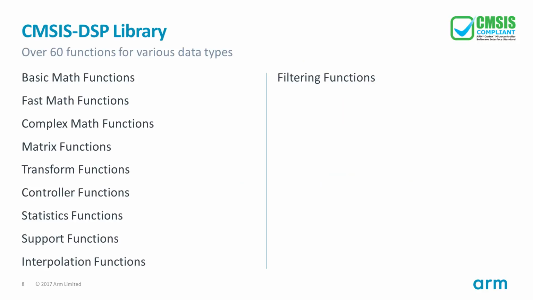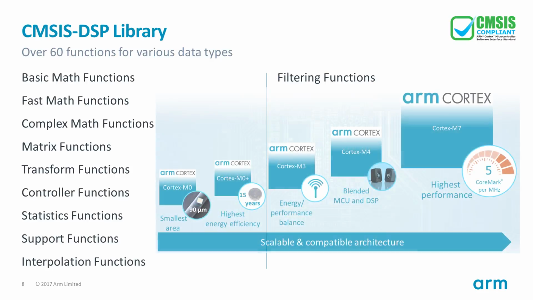The CMSIS-DSP software library is a suite of common signal processing functions for use on ARM Cortex-M processor-based devices. It is divided into a number of functions, each covering a specific category. It has separate functions for operating from 8-bit integers up to 32-bit floating point values. It specifically utilizes the capabilities of the ARM Cortex-M processors and scales from Cortex-M0 up to Cortex-M4 and M7.